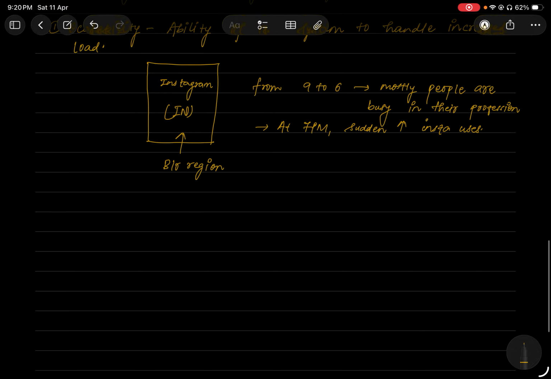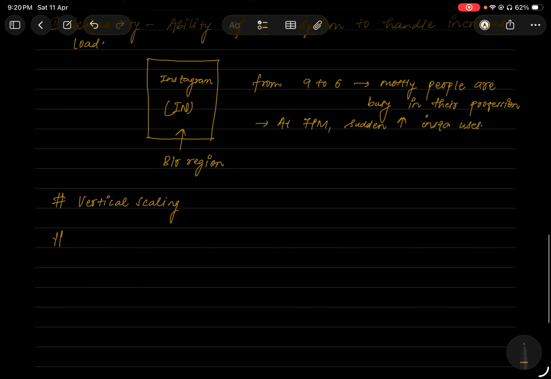Okay, and for the upper level, I'm saying that we are having two types of scaling. One is vertical scaling and another one is horizontal scaling, right?